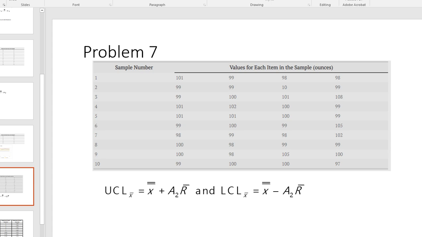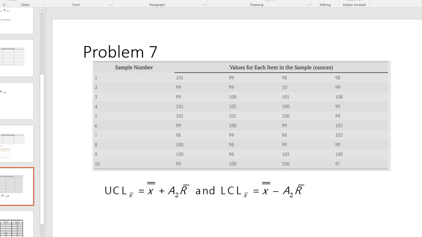So if we want to know the limits, we have already obtained the average of the range. And A2 is the constant we can obtain from the table provided in the textbook and the slides, according to the sample size. Another value we need to compute for the upper and lower limits for the X-bar chart is the average of the sample averages.